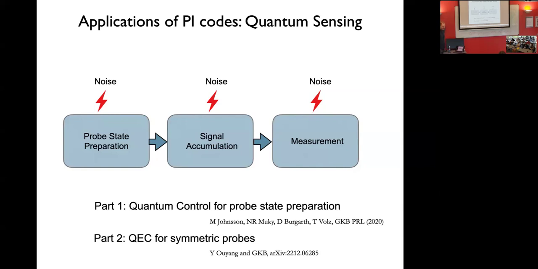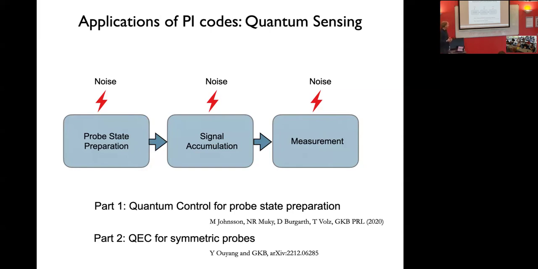The real advantage comes from being able to use entanglement, because you can reach a Heisenberg limited precision, which has a scaling of precision that goes like 1 over the number of systems, whereas the single particle shot noise limit scales like 1 over root n. But the problem is that the same physics that makes your sensor very sensitive to signals you want to measure also makes it very susceptible to errors from signals you don't want.